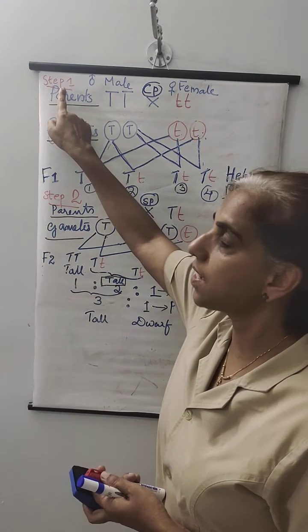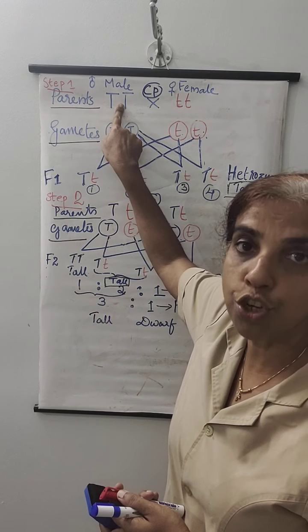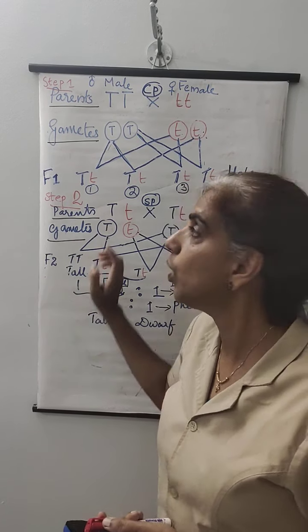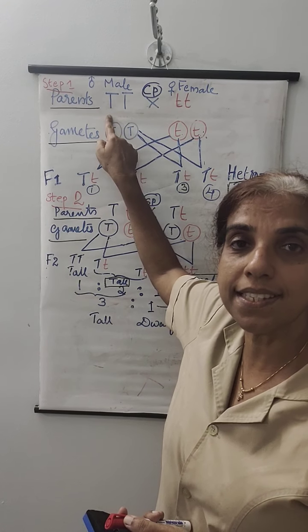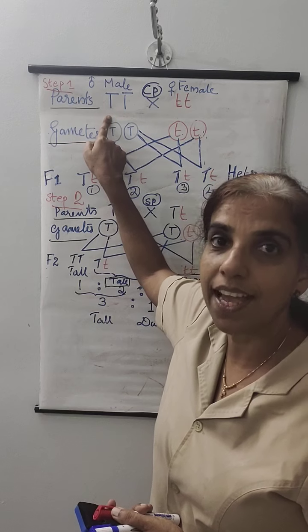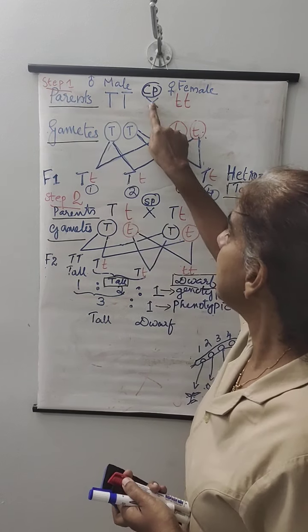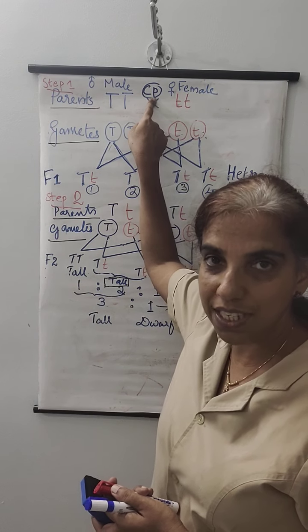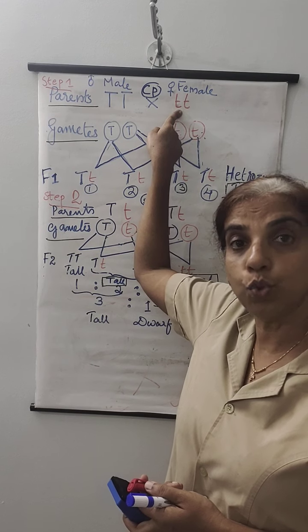You can see step number 1. A tall plant, the one which I taught just now, with homozygous capital TT, that means the alleles are homozygous tall, is cross-pollinated, by the procedure which we have seen, with a homozygous dwarf plant.